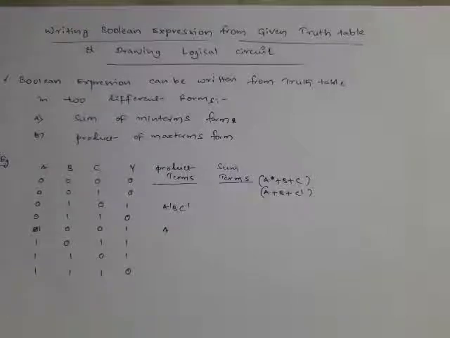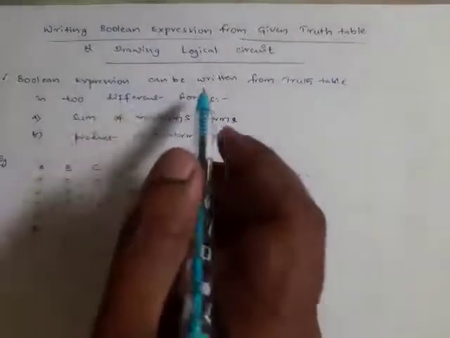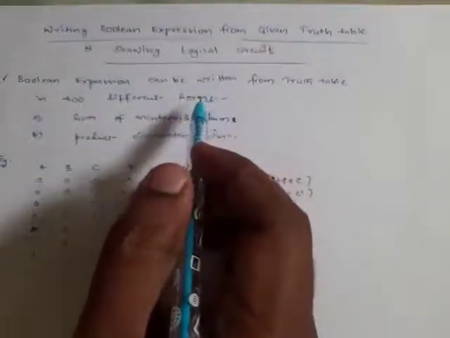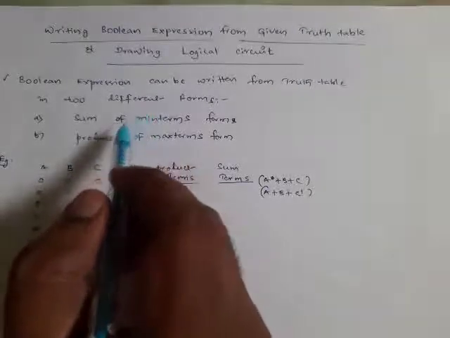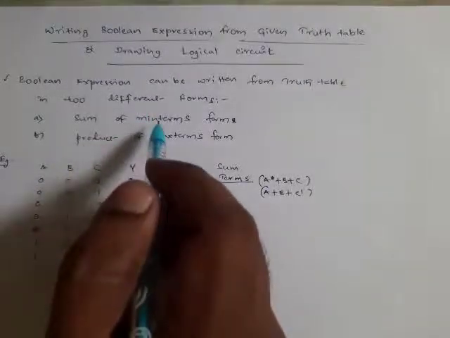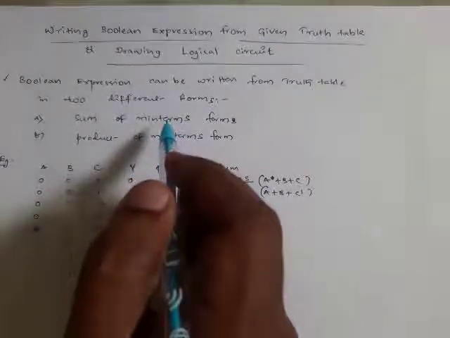And so, what are the various forms in which a Boolean expression can be written from a given truth table? Normally a Boolean expression can be written from the truth table in two different forms. One is the sum of minterms form, or sum of product terms.